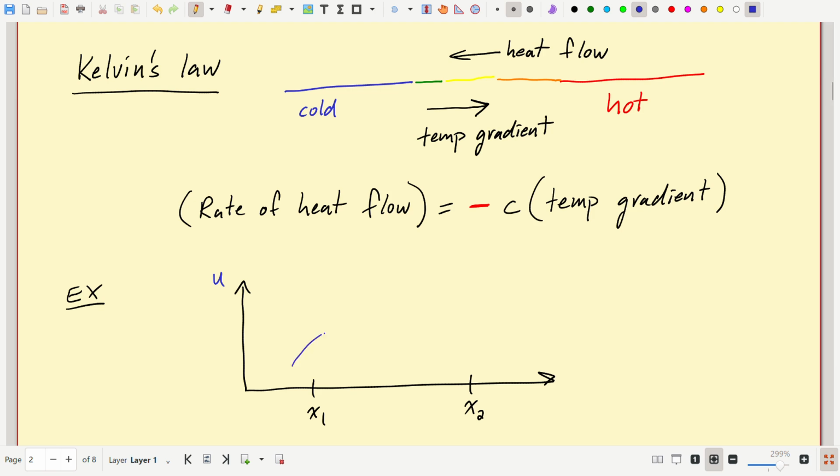I've got a positive derivative over here and a positive derivative over here. The hot side on that one is to the right, and the hot side on this one, let me make it a little bit more convex.